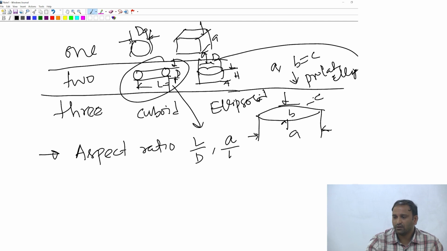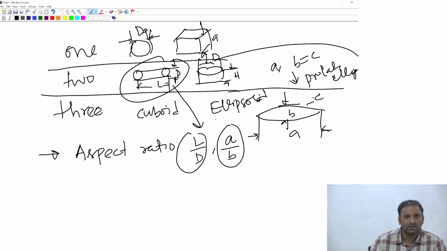And of course, for a prolate ellipsoid, it's going to be either A by B or A by C, right? So people think about a non-dimensional way of expressing dimensions, and in the case of elongated particles, aspect ratio is something that people use.